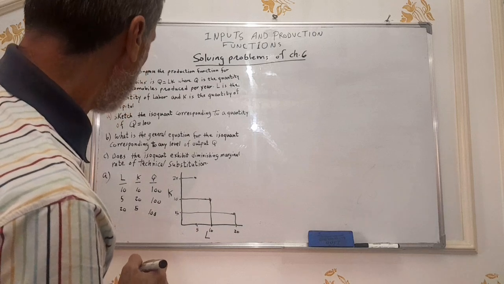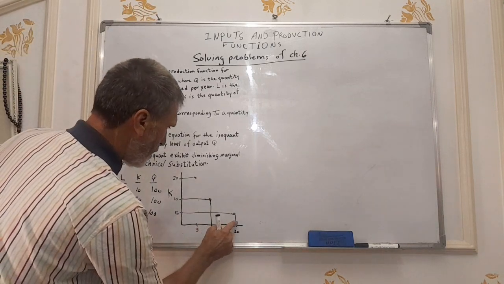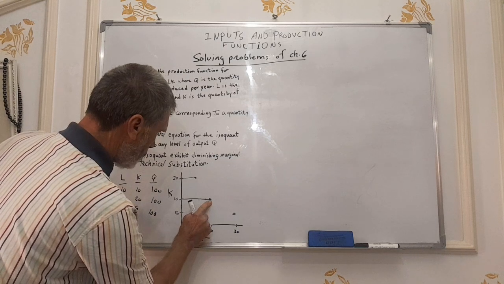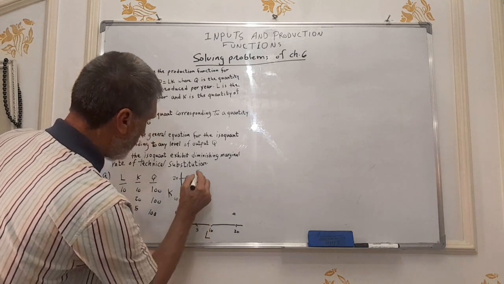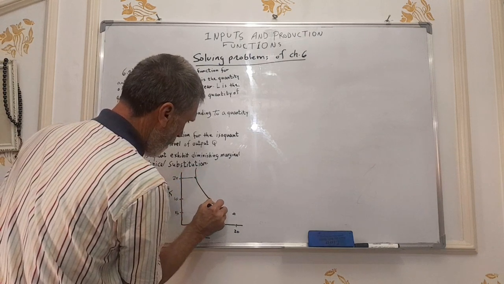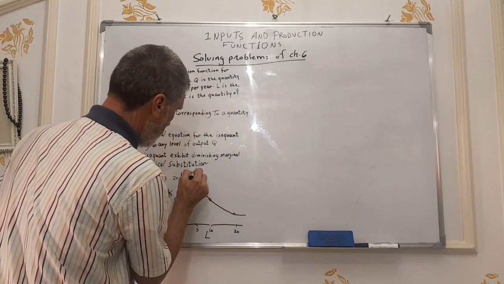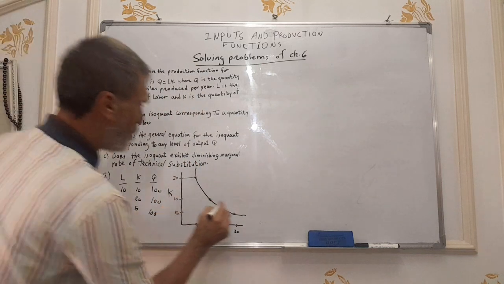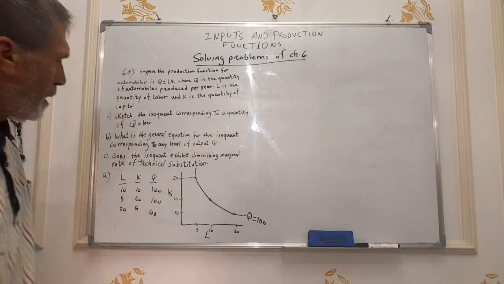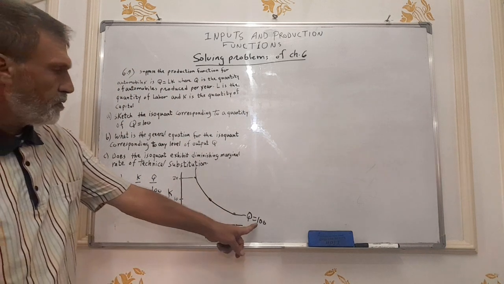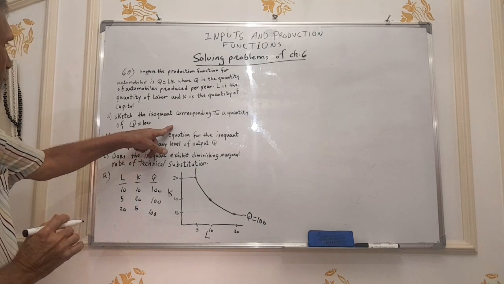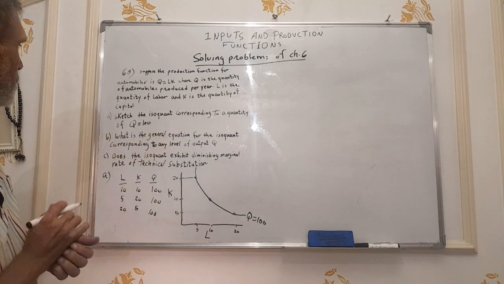Now what we're going to do is connect those points. As you can see, this is Q equal 100. This is the isoquant of the quantity equal 100. Great, so we sketched the isoquant.